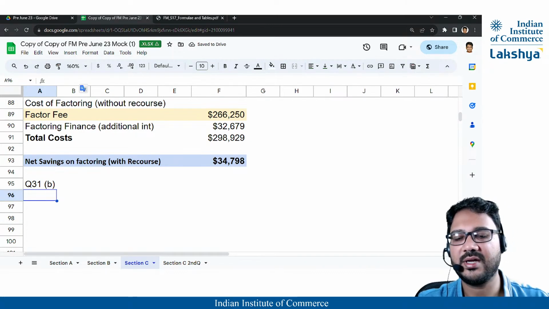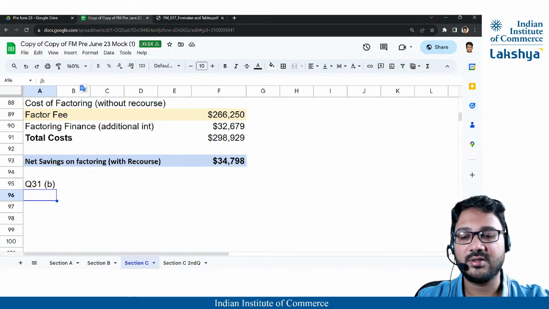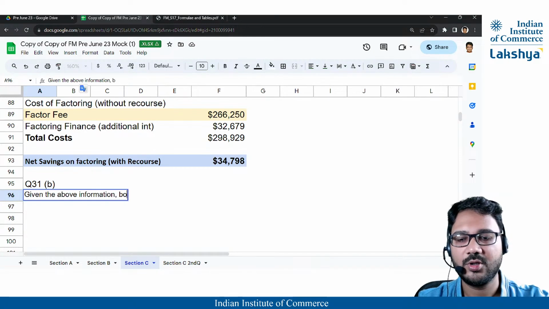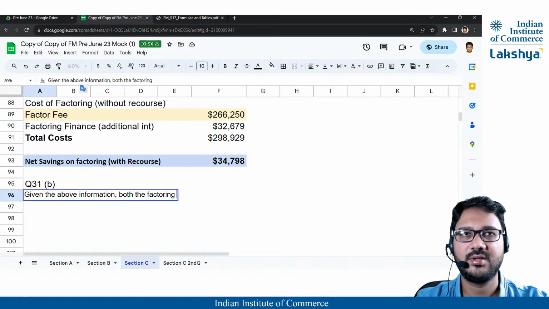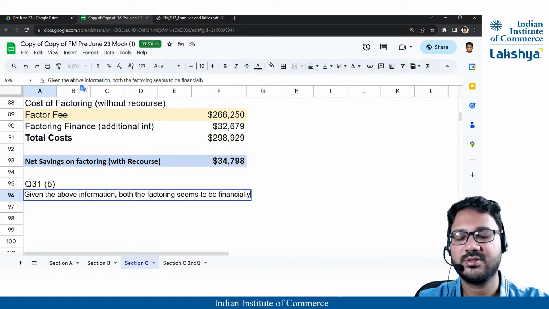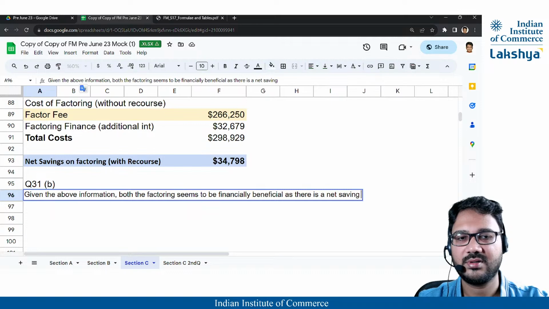So we can say that given the above information, both types of factoring seem to be financially beneficial, as there is a net savings in both options.